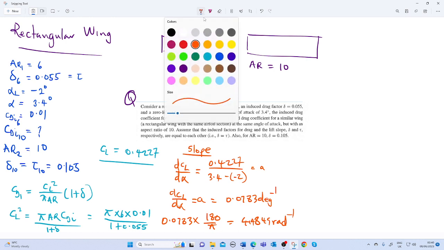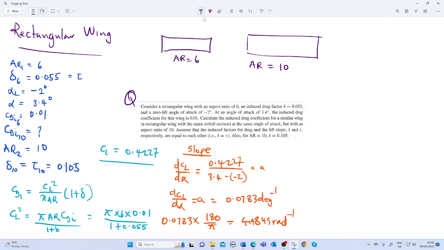Now that we have calculated the slope for the first wing, the next thing is to slot in the value of dCL over d alpha equals A, which equals A0 over 1 plus A0 over pi AR times 1 plus tau, which equals 4.49 in approximation.